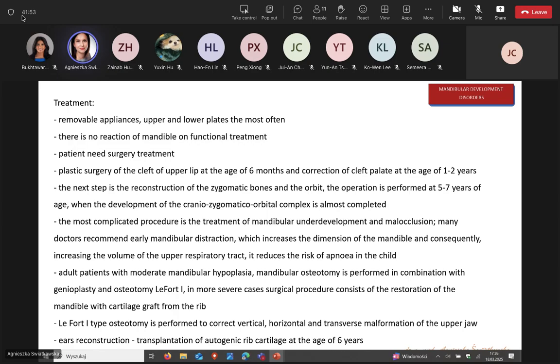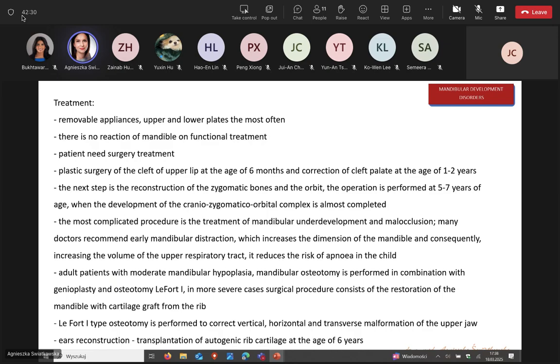Functional appliances don't help this patient because we don't see a correct reaction to this appliance, because we have not only distal position of the lower jaw to the upper one, but we have incorrect development of the ramus and body of the lower jaw. That's why we couldn't treat this patient with appliances. We only change the position and help in growth of the upper jaw on the condyle.